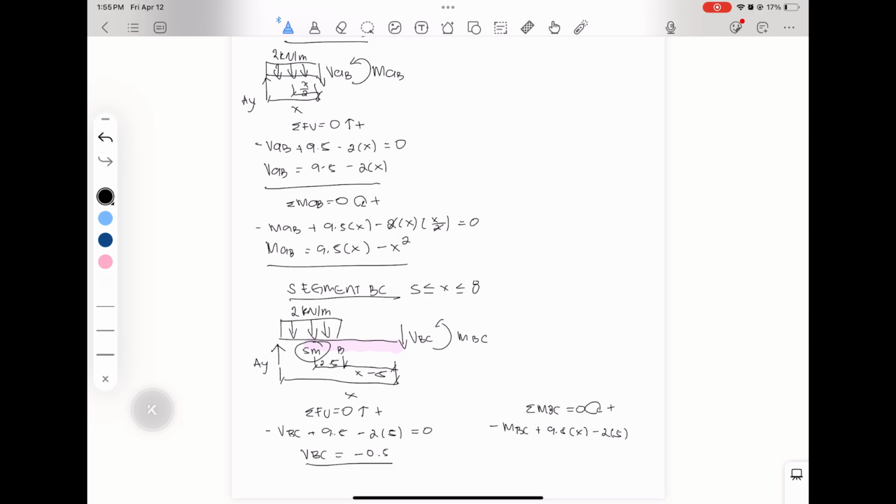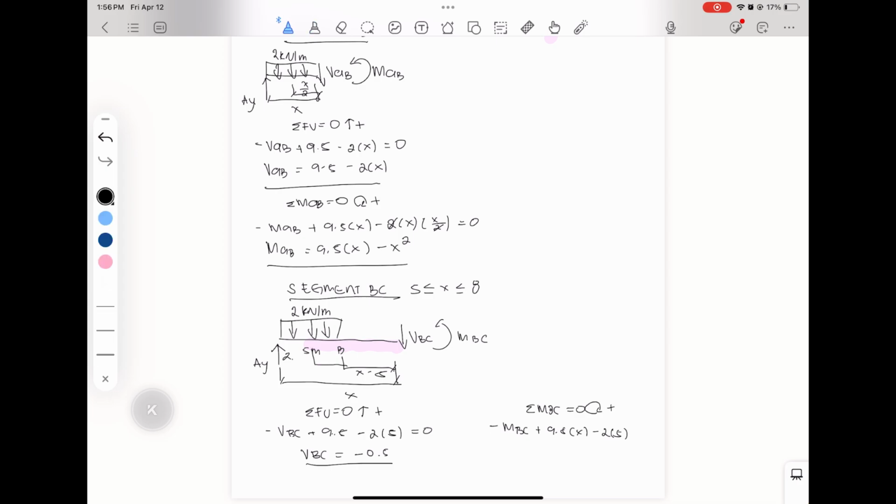So we can assume that this is x minus 2.5 because, wait, let me explain it again. So here is x and here is x minus 5, right? Because this is 5 meters. This part is 5 meters. So what we have to do, we just have to cut it in the middle.